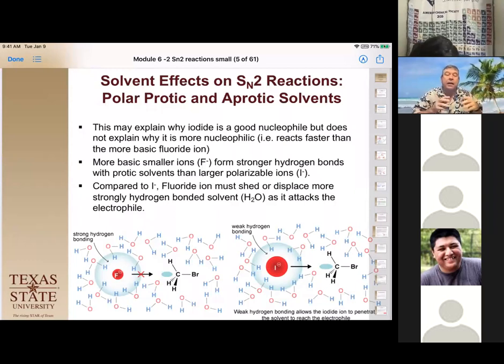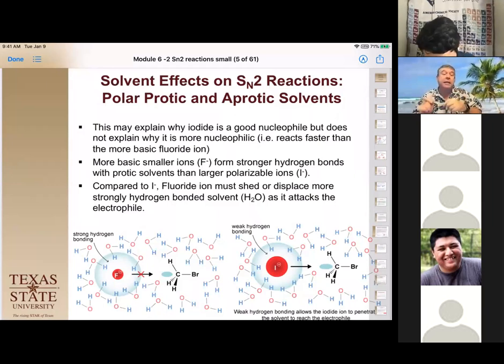They actually start hydrogen bonding to the solvent itself, okay? So when it's hydrogen bonding and it has such a small charge, it has a strong hydrogen bond, okay? Because a lot of the different waters have to be there to help to support that charge because that charge is not very polarizable. It's a very small charge, and so it has to be stabilized by the solvent.